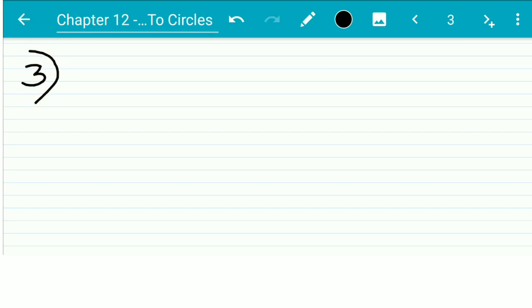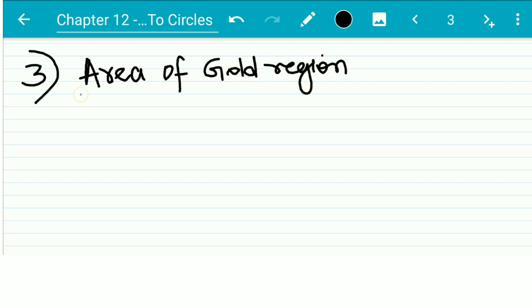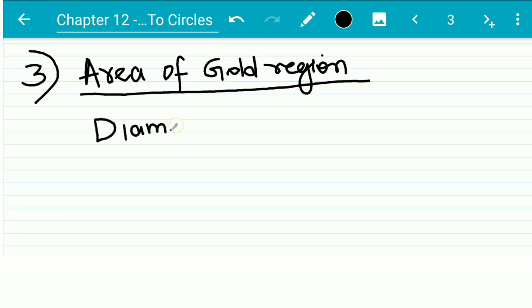First we'll find the area of the gold region. Write it as the side heading. Given in the question, diameter is equal to 21 centimeter.